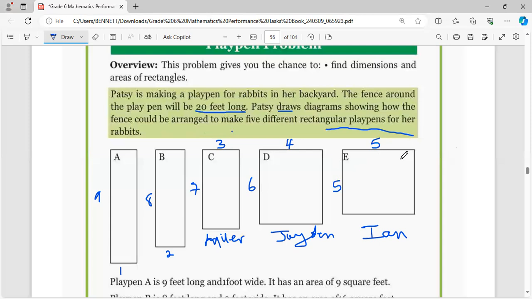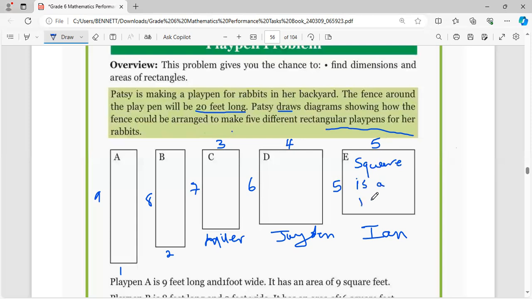So even though this is 5, 5 and it's a square, it is still a rectangle. We had discussed it when we were doing the other paper, right?